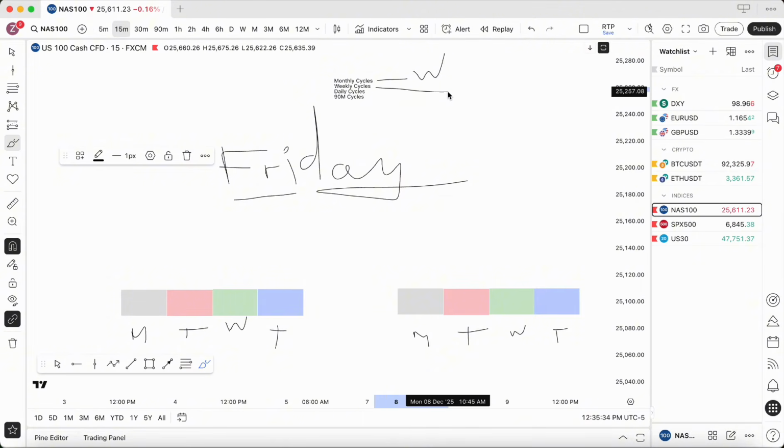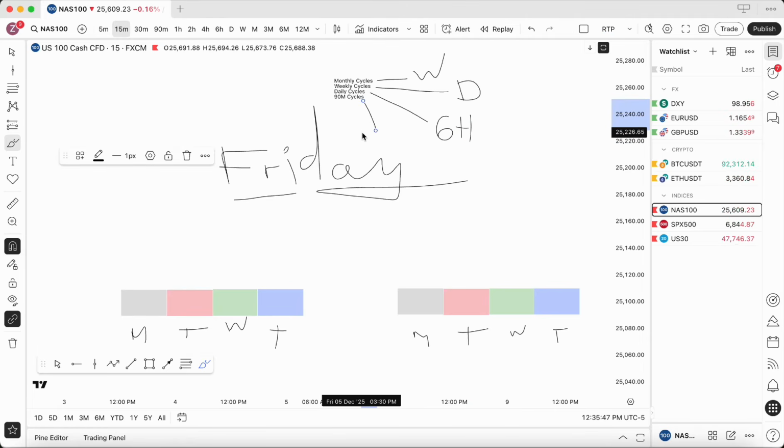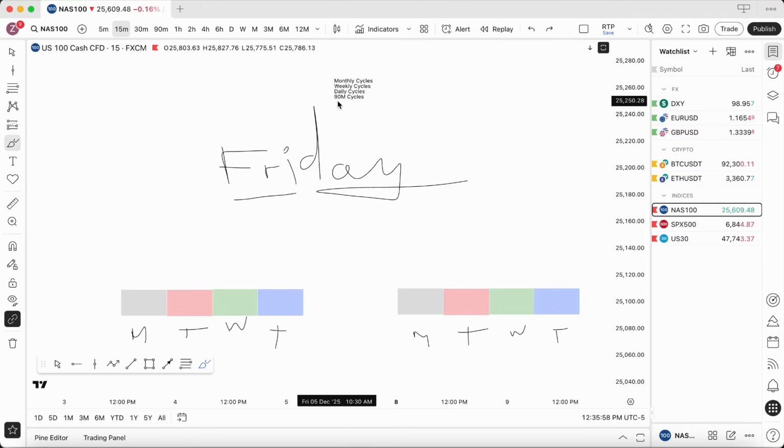Weekly cycles are sequential SMT between daily candles. Daily cycles are sequential SMT between 6-hour candles. And 90-minute cycles are session cycles between Asian, London, New York AM and New York PM. This is what the cycles are and how you can frame them.